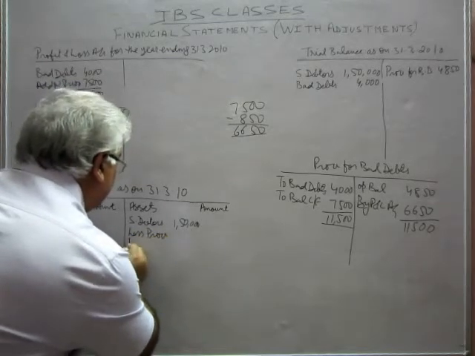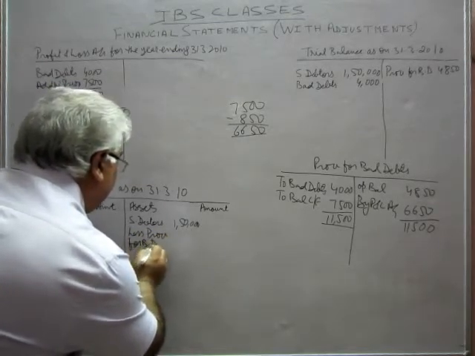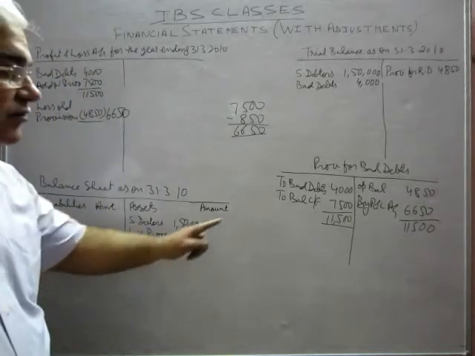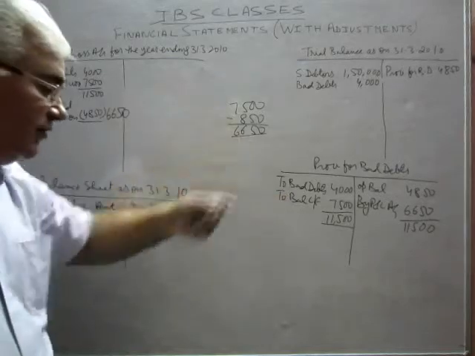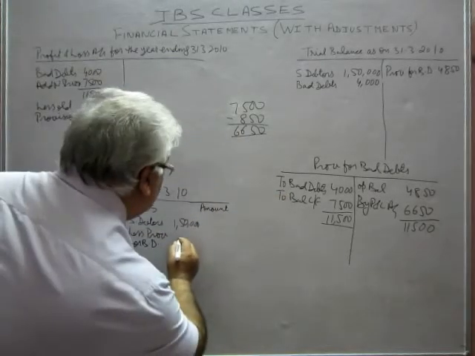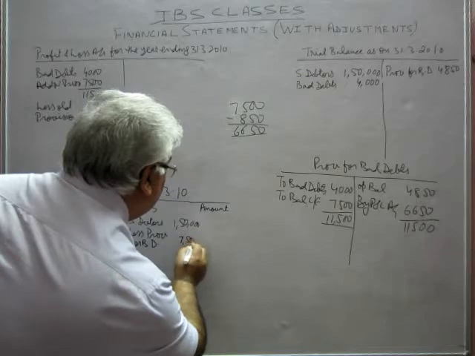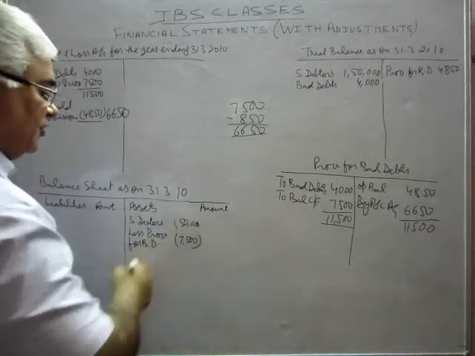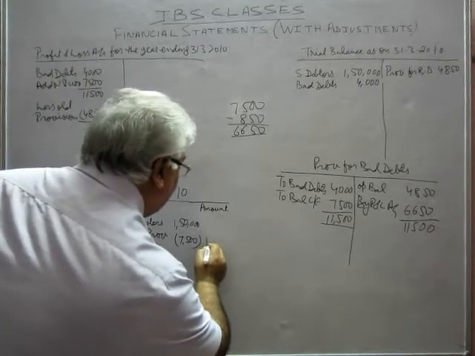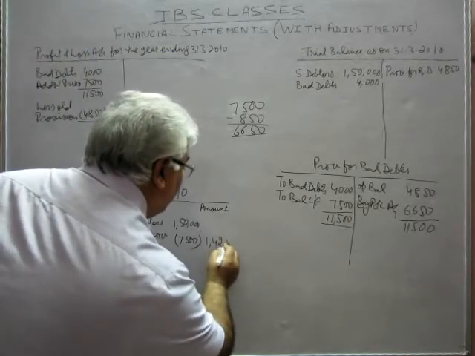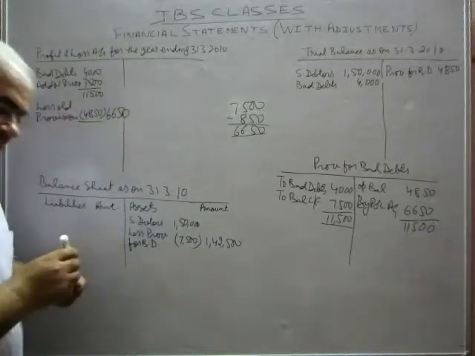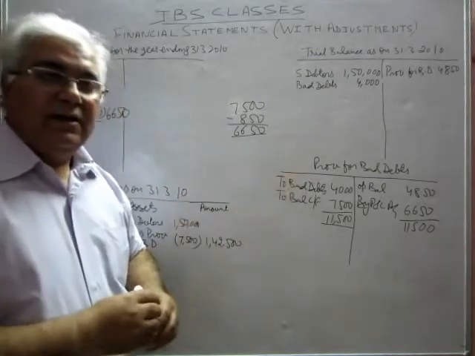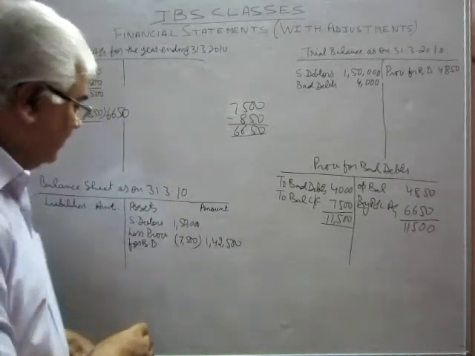How much is the provision made this year? 7,500. This will be carried forward to the next year. So 7,500 will be deducted from this, and the net figure will be shown there, that is 1,42,500.